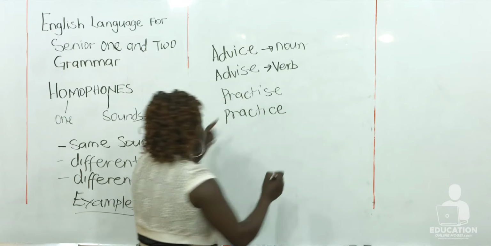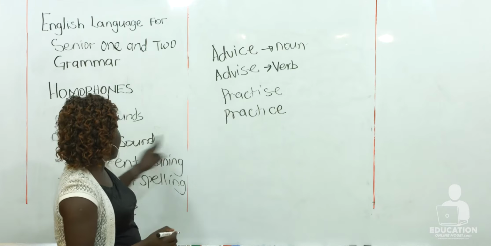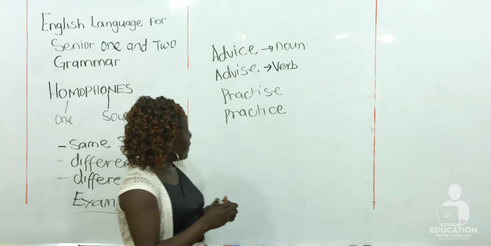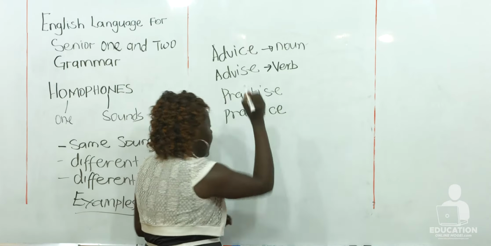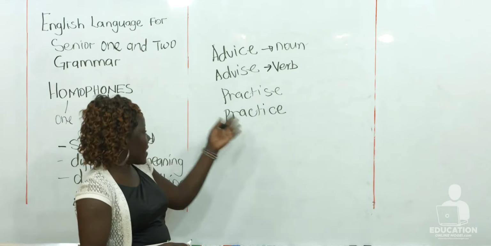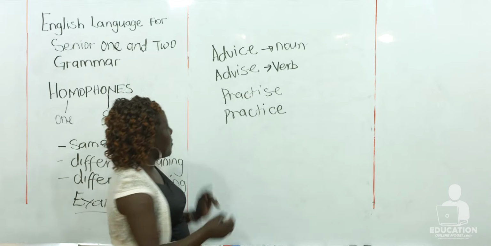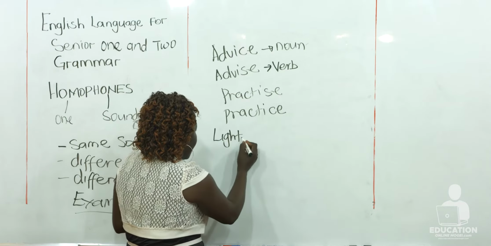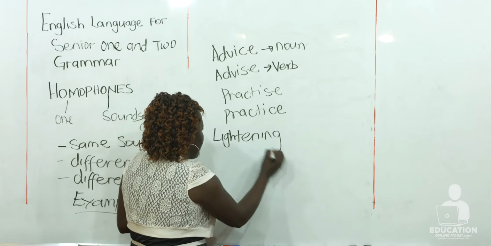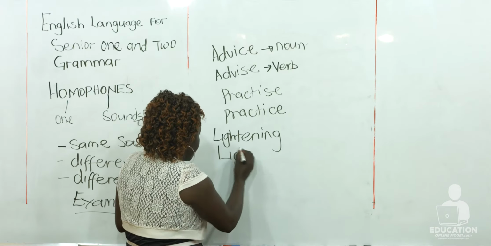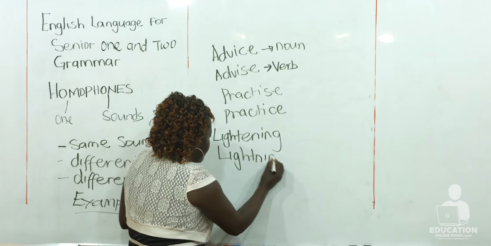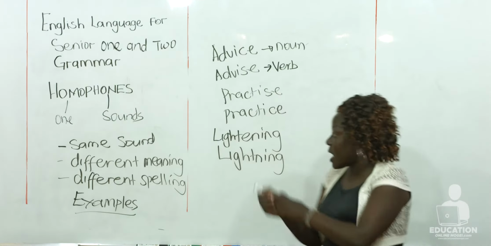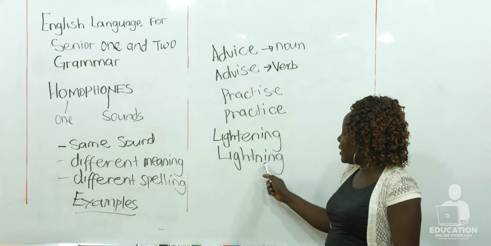You see, the sounds are the same, or almost similar, but different spelling with different meanings. Not only that one, we went on to see words like lightening and lightning. You can see almost no difference in the pronunciation, but different spelling, different meaning.